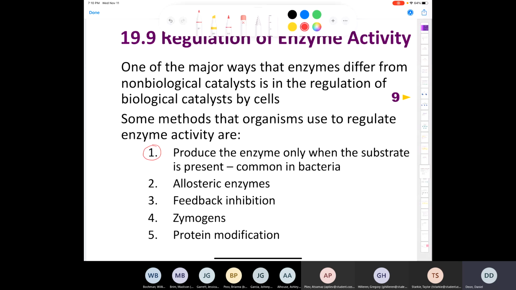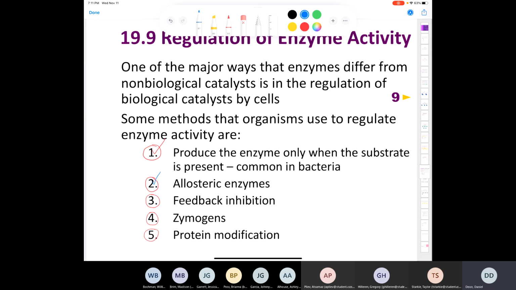The next one is for the enzyme to be what's called an allosteric enzyme. We're going to look at that right now. Another way to regulate enzyme activity is to use feedback inhibition or a zymogen, and then finally protein modification. Well, we've already covered the first one, to produce the enzyme only when the substrate is present.